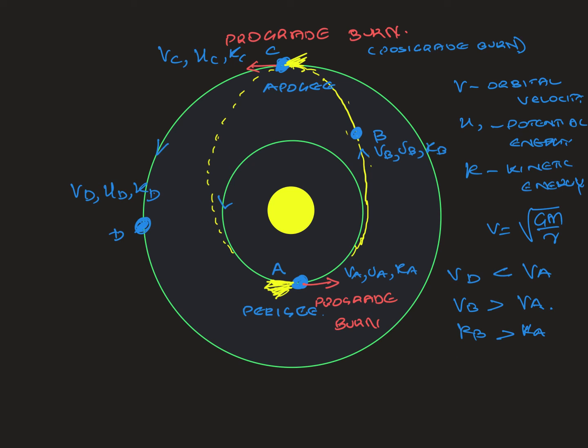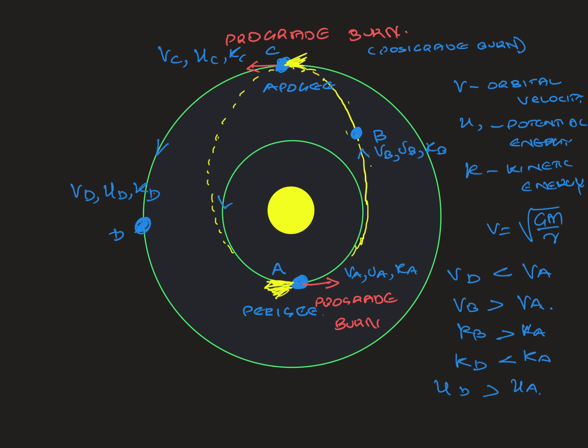So we can say that KD is less than KA. And how about the total energy? Okay, before the total energy, let's think about the potential energy. The potential energy increases when the satellite moves to high orbit. So that means UD is greater than UA. So we can write down here UD is greater than UA.